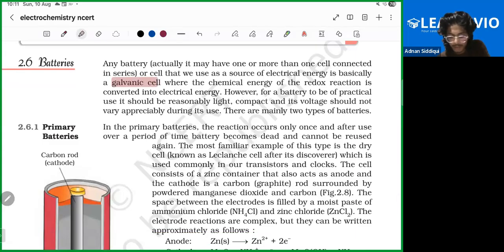However, for a battery to be of practical use, it should be reasonably light, compact, and its voltage should not vary appreciably during its use. There are mainly two types of battery. What is a battery? A galvanic cell. And how can you make it a better battery? Make it lighter so that you can carry it easily, and its voltage should be stable so that it can supply a stable voltage and won't harm your appliances.